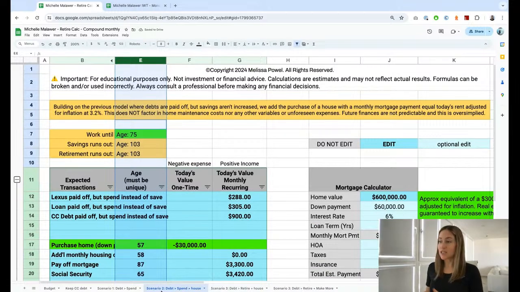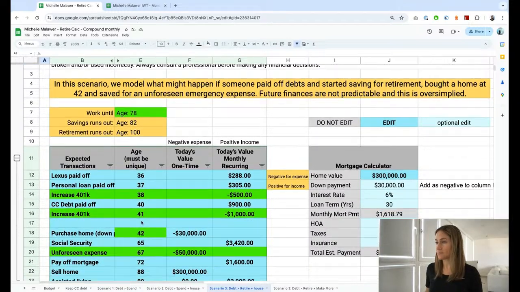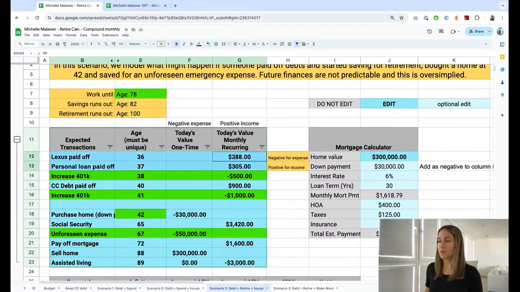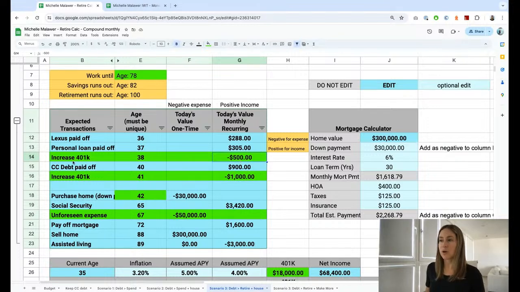So this is all in the event that somebody pays off their debt but doesn't start saving more aggressively. So what happens when somebody pays off their debt and saves more aggressively? After they pay off the Lexus and the personal loan, they start contributing $500 per month to a 401k.